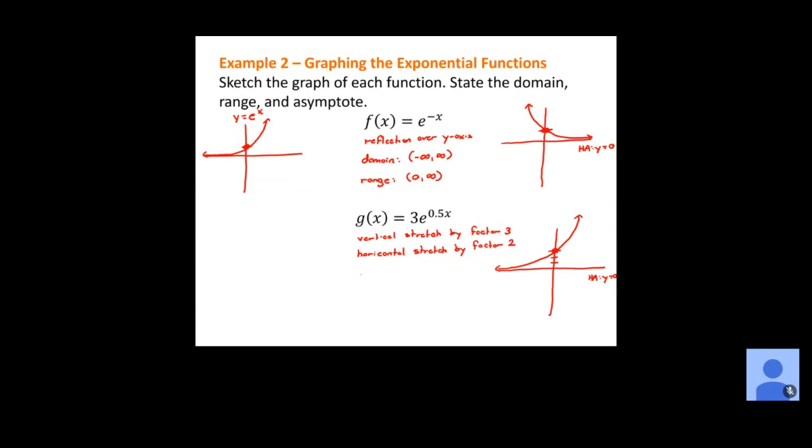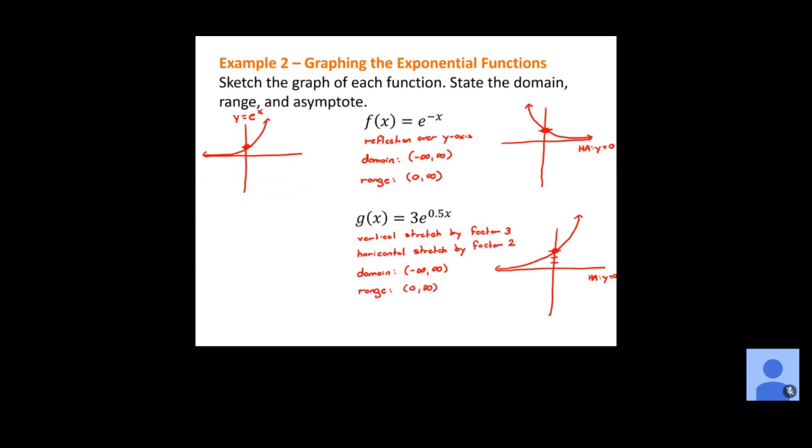All right, let's talk about domain and range. So what's our domain this time? Good. All real numbers again, so negative infinity, positive infinity. And what's our range? Good. Same as before, 0 to infinity.